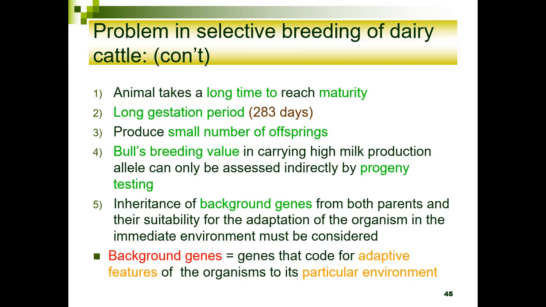Number five, inheritance of background genes from both parents and suitability for the adaptation of the organism in the immediate environment must be considered. What does it mean? For example, we said, oh, New Zealand cow produces very high quality milk and a lot of milk. Let's cross the New Zealand cow and Malaysia cow. After you cross, you produce offspring.